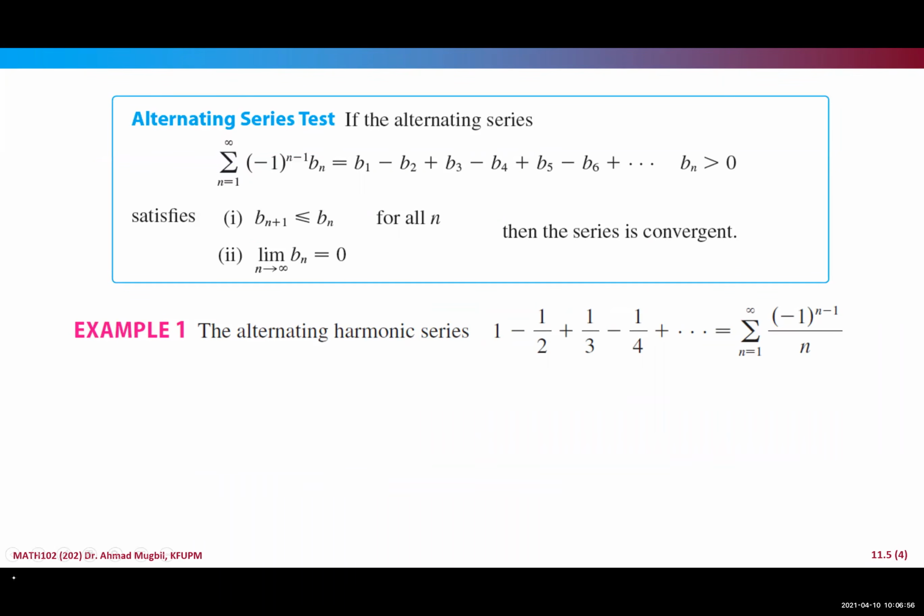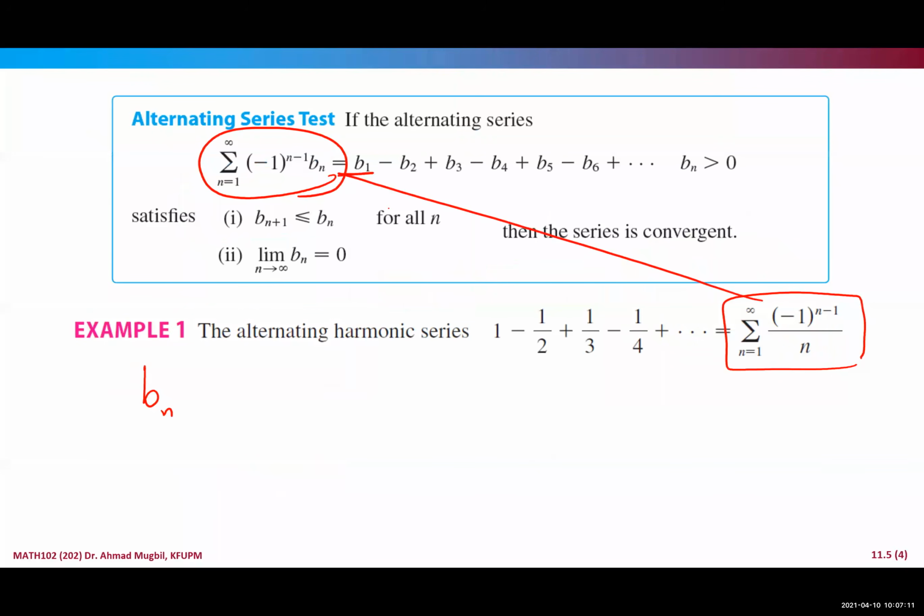Excellent. Now, let's start with this example. Look at this series, 1 minus a half plus a third minus a quarter. I want you to look at this and ask yourself, what is Bn? If you compare it with the standard form, Bn in this case is 1 over n. If you notice, it is decreasing. Why?